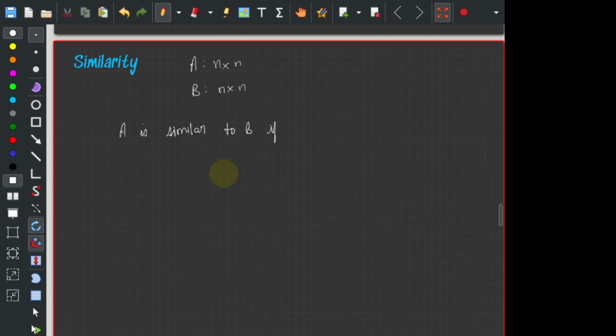Another notion you would have seen in your matrix theory course is the notion of similarity. So I give you two matrices, let's say n by n matrices, A and B. When are they said to be similar to each other?